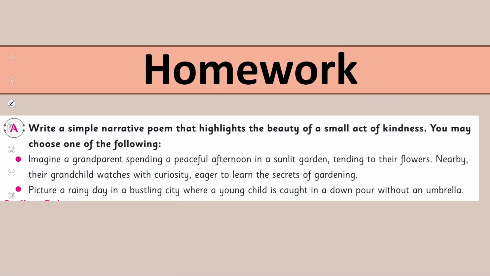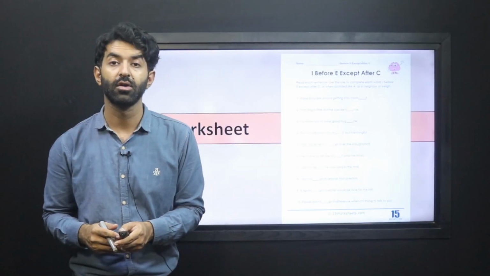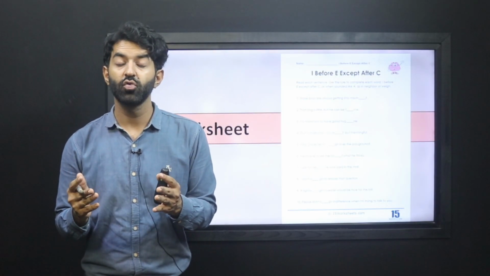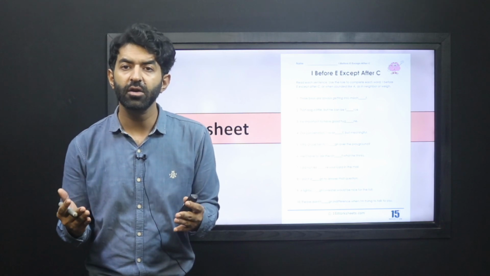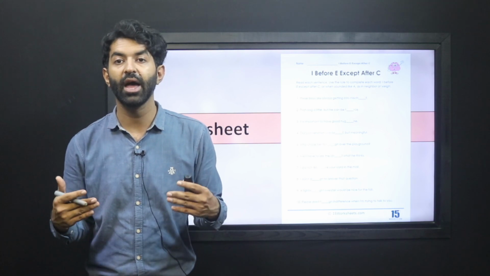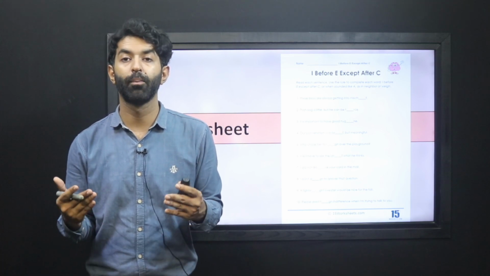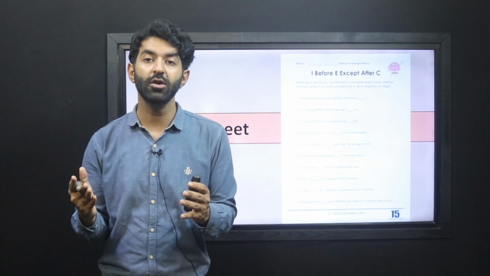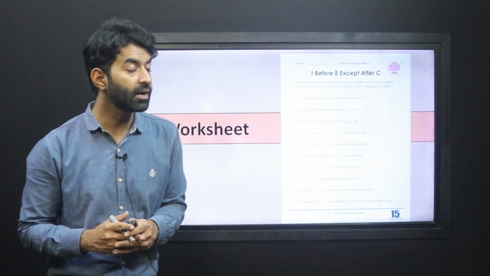This is your homework where you have to write a narrative poem according to the instructions given below, and all you have to do is read a lot of narrative poems, read the main lesson's poem again, which is also a narrative poem, and then write a narrative poem by yourself, because we are talking about the writing competency.